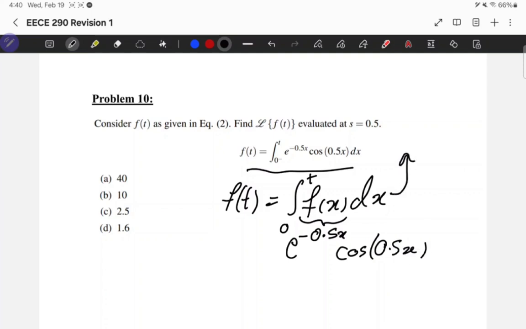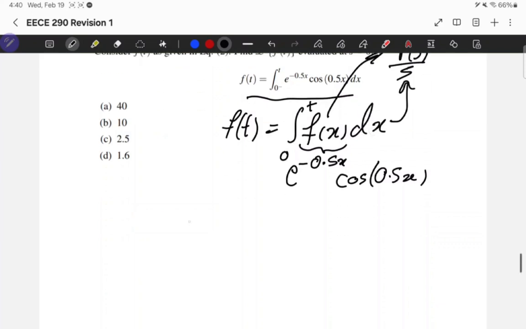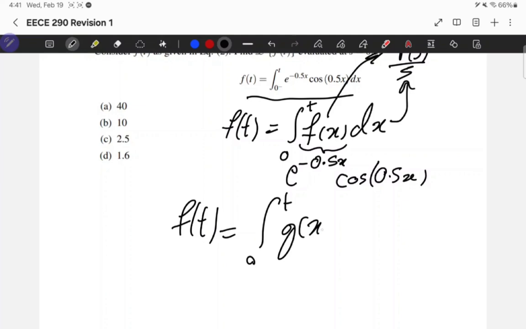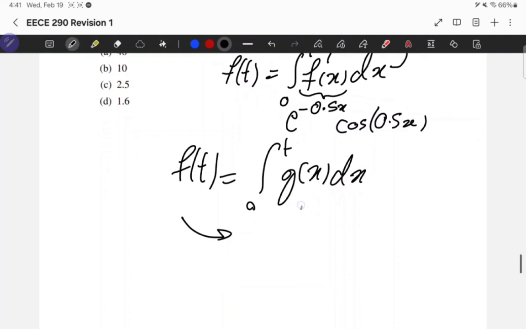Now I know if f(t) takes this form, it will transform to F(s), which is equal to G(s) divided by s, where G(s) is the Laplace transform of g(x). Maybe I abused this notation a little bit, but basically what I'm saying is if I have f(t) equal to the integral from 0 to t of g(x) dx, the transform of f(t) will be capital G(s) divided by s. Basically what I'm saying. Okay. Sorry, dx.